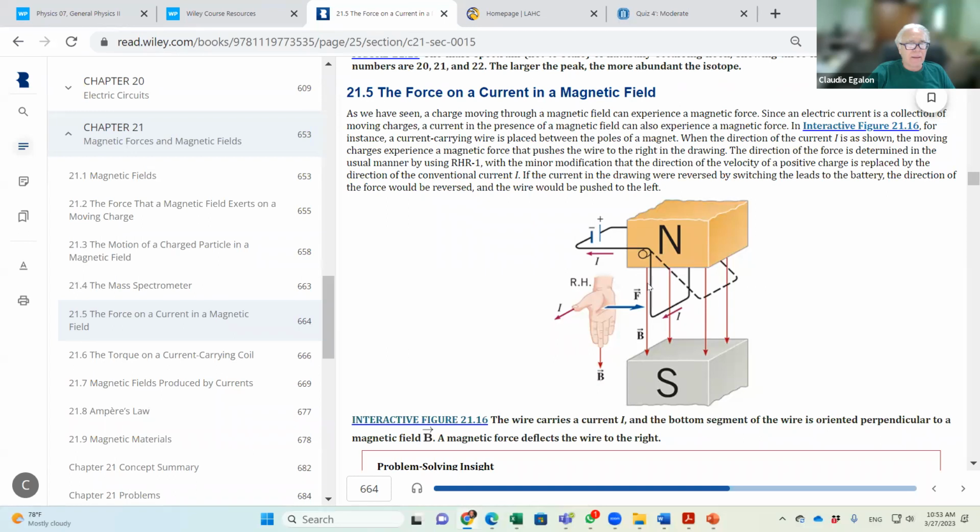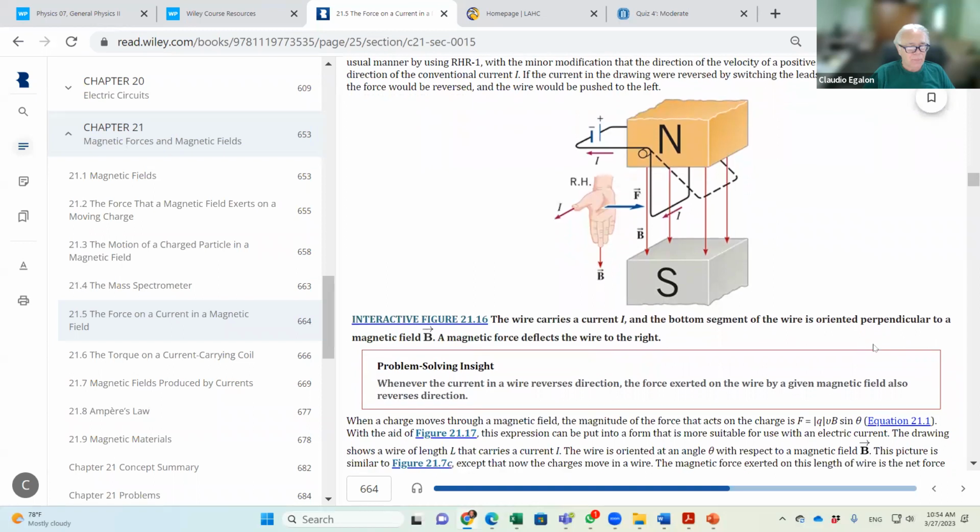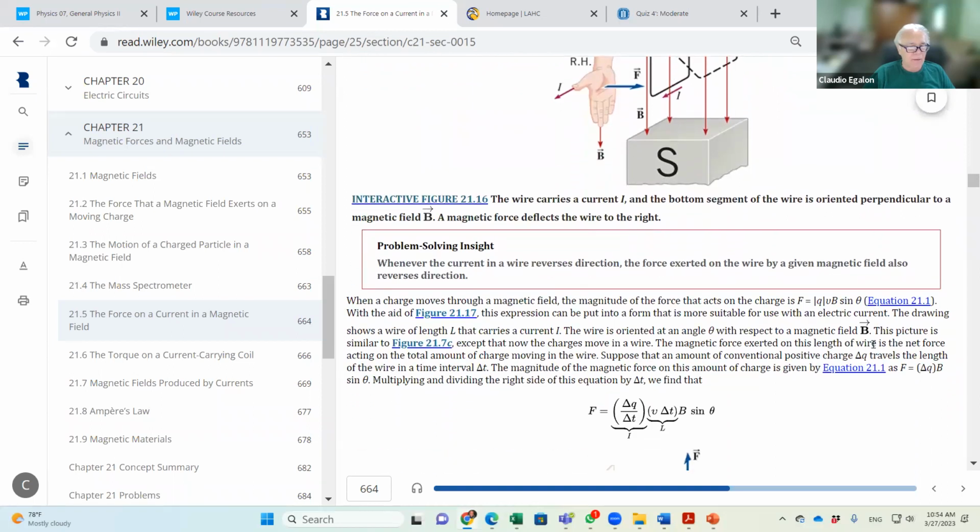If you flow the current in one direction, the wire moves in this counterclockwise direction. If we invert the current direction, the wire is going to bend to the left, okay? That's exactly what happens, and that can be seen easily.